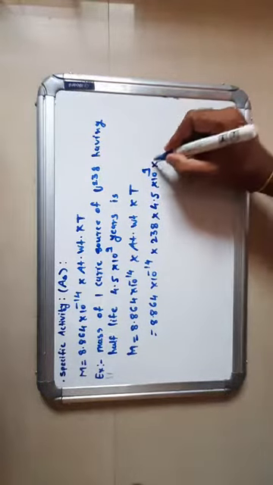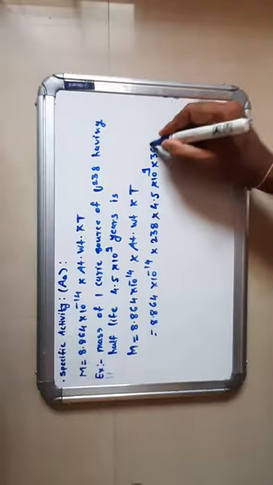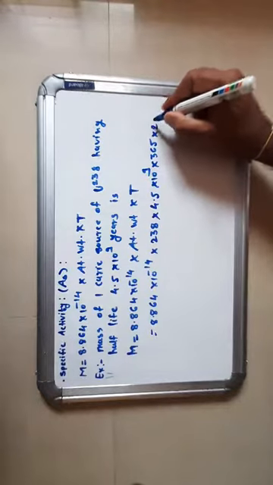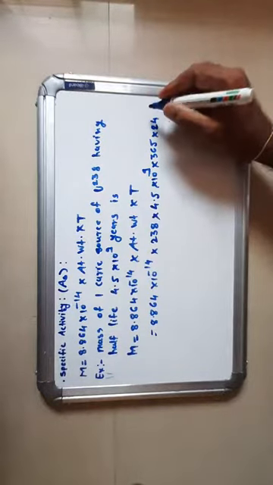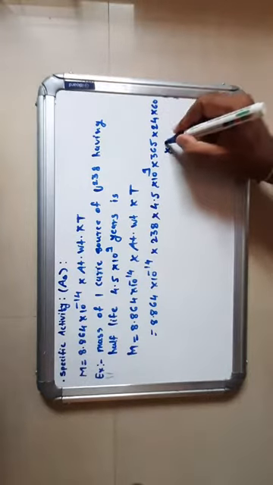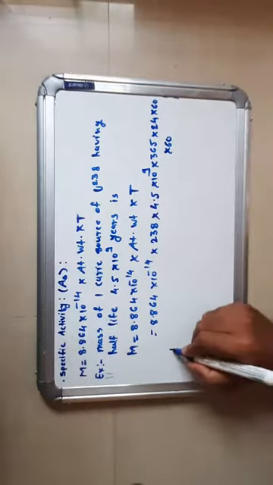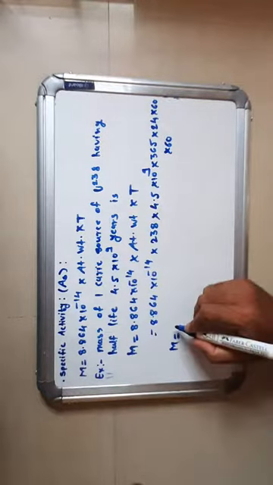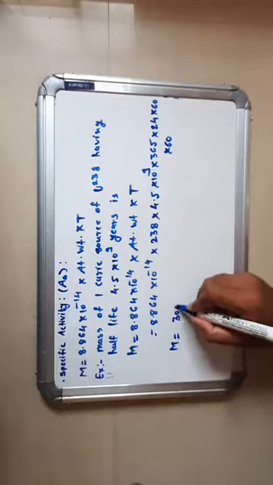Then we convert into second. 365 days into 24 into 60 into 60, right? Then capital M, mass of one curie source of uranium is equal to 3000 kg.